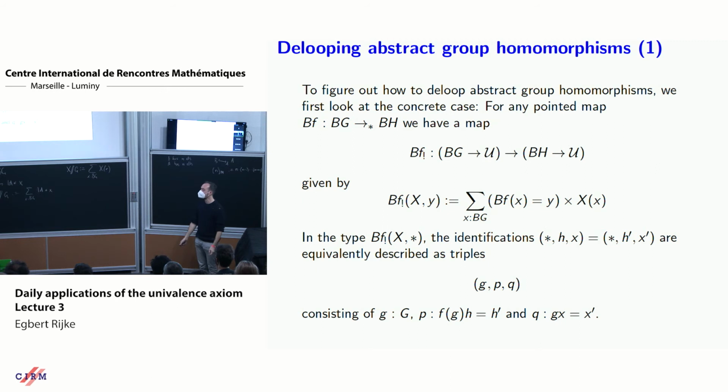So we have to do this for group homomorphisms too. But it's going to be useful to look first at how one would do this if we already knew the deloopings.